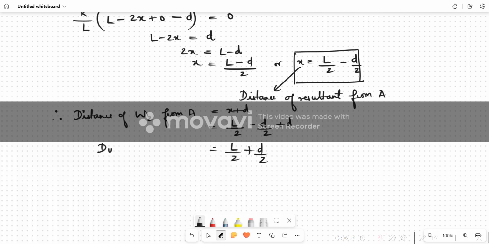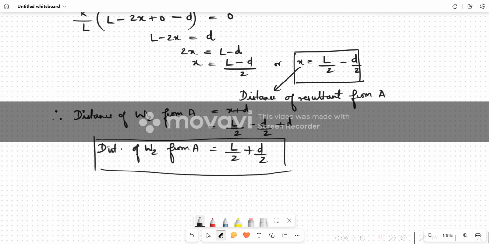So the distance of W2 from A to get absolute maximum bending moment is L by 2 plus D by 2. Whatever value you get, that much distance you have to move your selected load W2 from point A in order to get absolute maximum moment under that load.